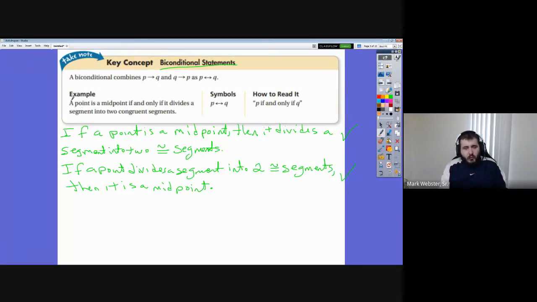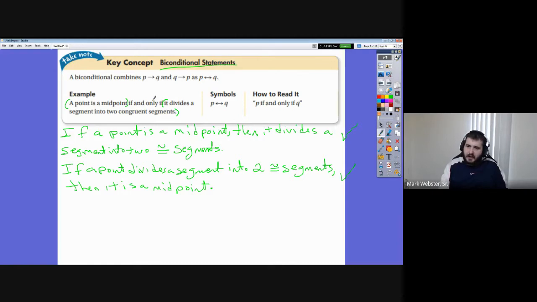And so this is the way we'd write it. We dispense with the if and the then. Here's our A, here's our B, our P and our Q, our hypothesis and conclusion. And we connect them in the middle with the phrase if and only if.